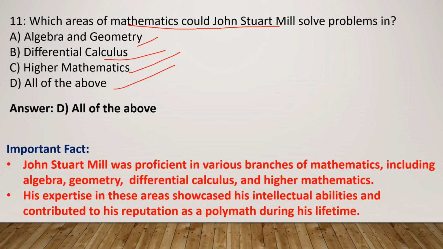John Stuart Mill was proficient in various branches of mathematics, including algebra, geometry, differential calculus, and higher mathematics. His expertise in these areas showcased his intellectual abilities and contributed to his reputation as a polymath during his lifetime.